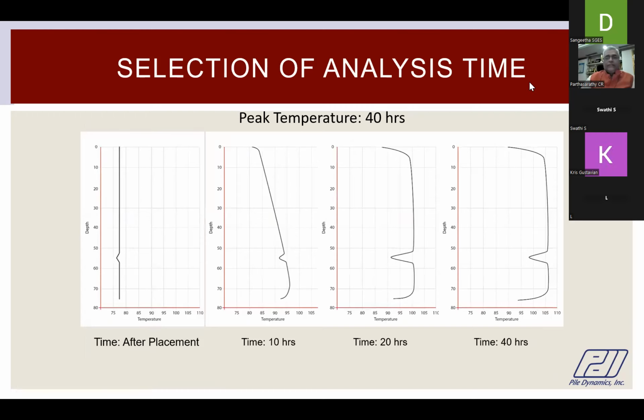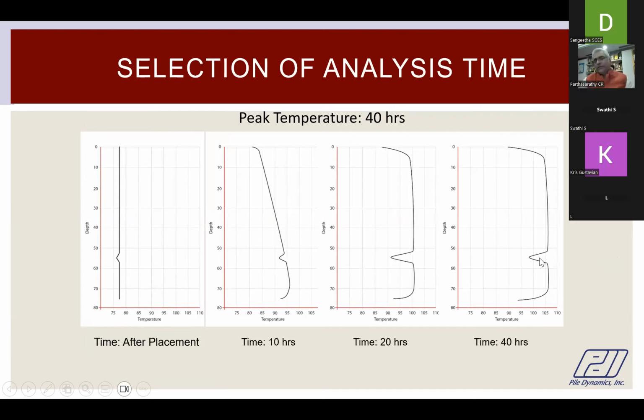Now, if there is any defect in the shaft, you will also know very early during the concrete placement. After 10 hours, you see there is a defect. At 20 hours, the defect is already visible. So you have the average temperature, and at 40 hours, the magnitude of the defect is getting diminished. If you try looking at 80 hours, maybe it will vanish.